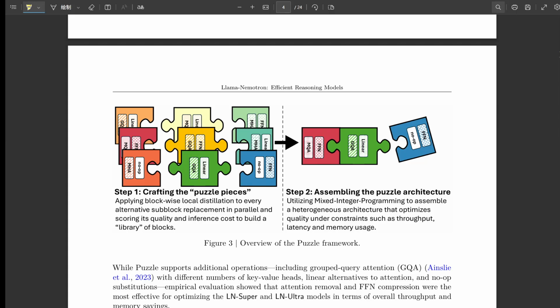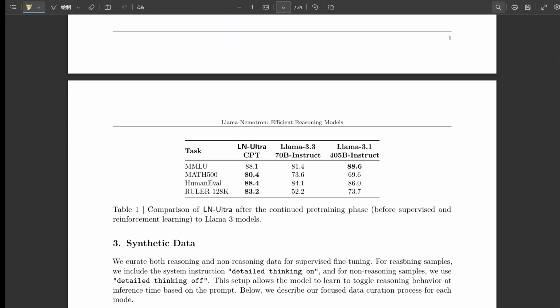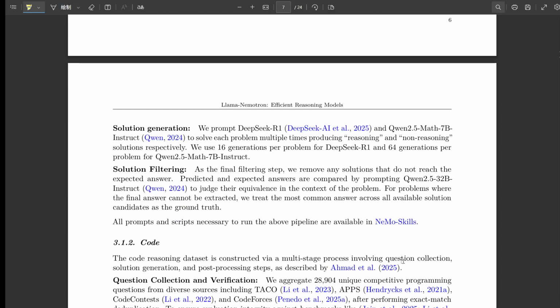And this was before any task-specific fine-tuning. Really? Before fine-tuning? Yeah, Table 1 in the paper shows this. It really highlights how a smartly designed, efficient architecture, when fed enough high-quality data after optimization, can punch well above its weight, so to speak. So architecture sets the stage, post-training builds the capability.